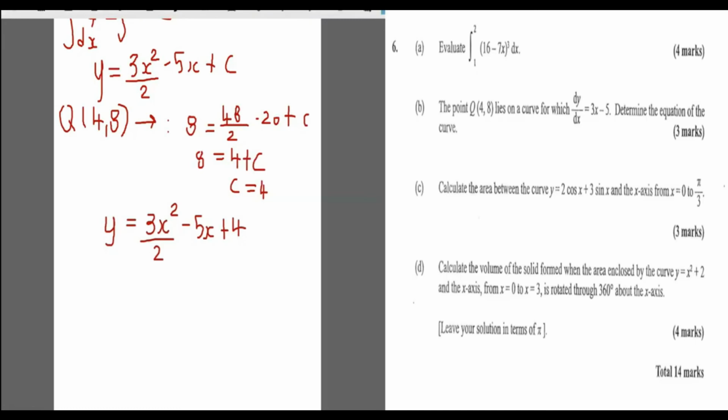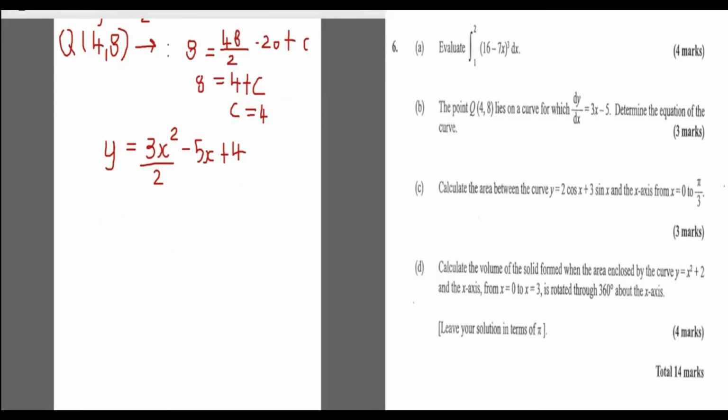And that's that. The next part now, it says calculate the area between the curve y equal to 2 cos x plus 3 sin x, and you want the area of the curve between the x-axis from x being 0 to pi by 3. So virtually they're telling you to integrate to find the area under the curve.